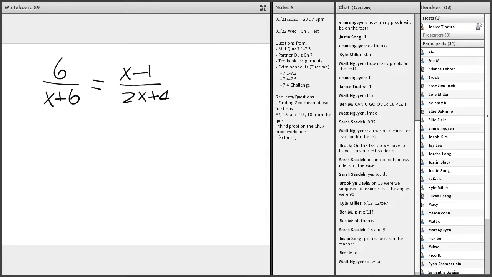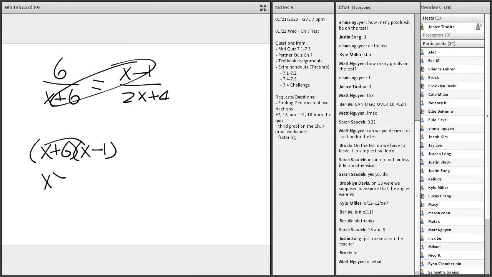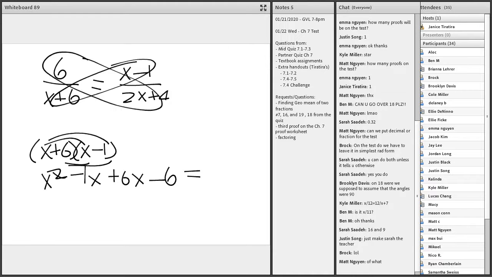All right, let's cross multiply. If you multiply these two factors, we're going to distribute it. So x squared minus 1x plus 6x minus 6. And then the other diagonal, you have 6 times the quantity of 2x plus 4. So that's 12x plus 24.